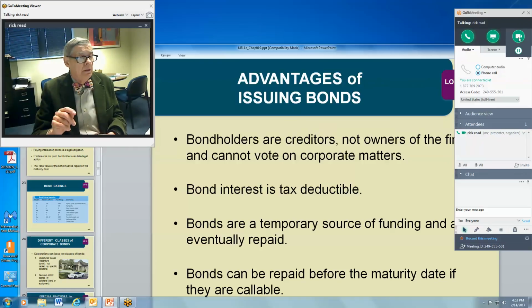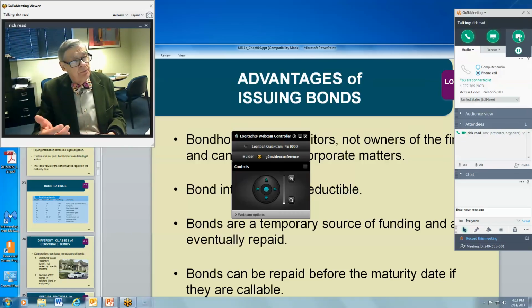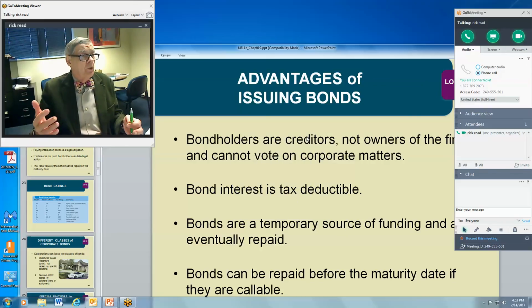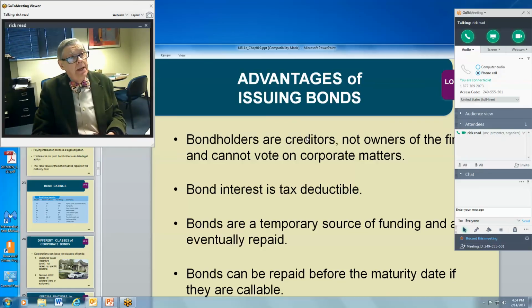And one of the reasons that companies want to put a callable provision in there is that it's possible that the interest rates will drop, and then they can buy the bond back and reissue the bond at a lower interest rate.